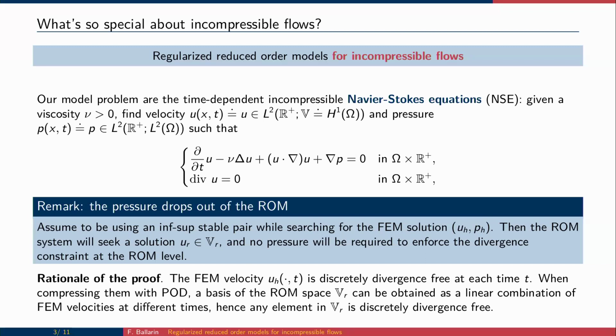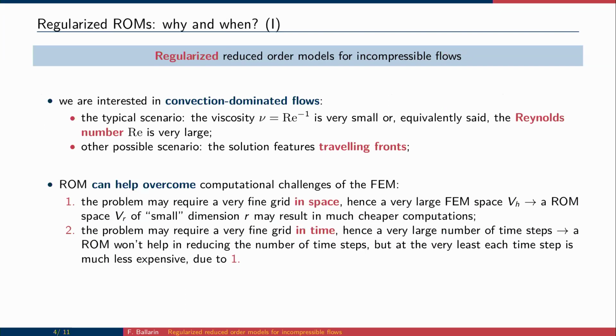The special item is that the pressure drops out of the ROM as soon as you are using an inf-sup stable solution when searching for the finite element solution UH, PH that you use while building the reduced order space VR. So in summary, in your ROM, you will only seek a reduced velocity, and you will not need any pressure to enforce the divergence constraint at the reduced order level.